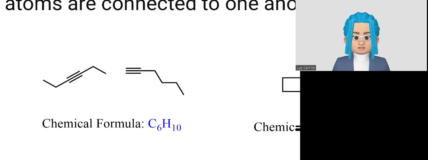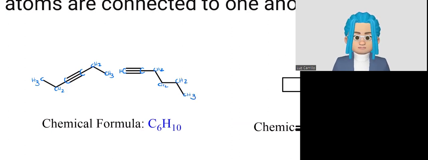These skeletal structures, if I write in the carbon atoms, there's a CH2 right here, there's the carbon, CH2, CH3. Let me also write it for the other one. This is a CH, this is a carbon, CH2, CH2, CH2, CH3.